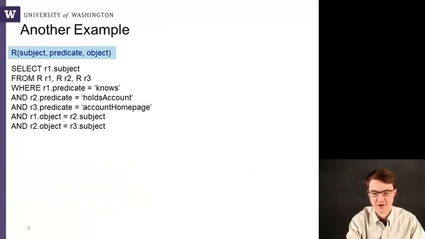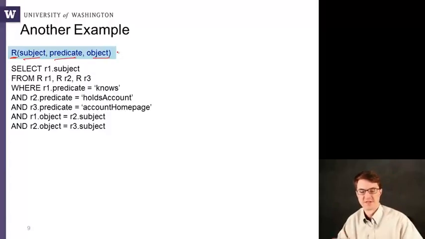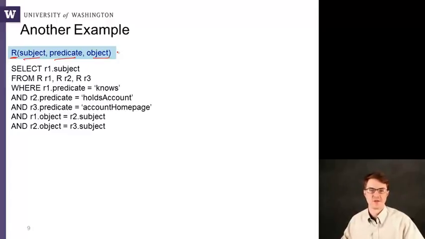So another example here. Here we only have a single relation called R, and it's got three columns: subject, predicate, and object. You see this kind of schema when you work with RDF data, the Resource Description Framework. RDF is a language and formalism and software stack for managing what is called linked data. Here everything is a set of facts.